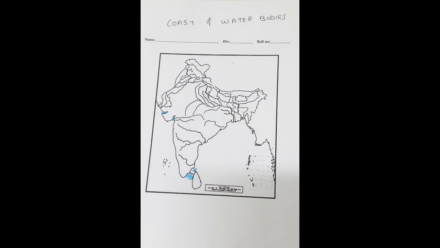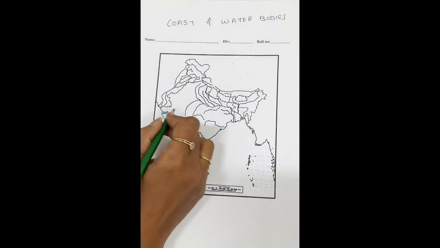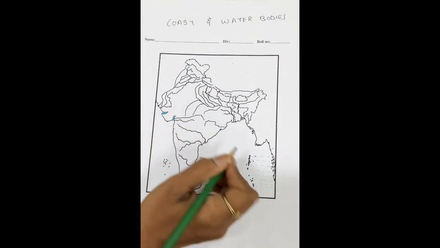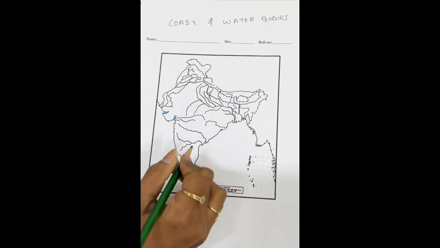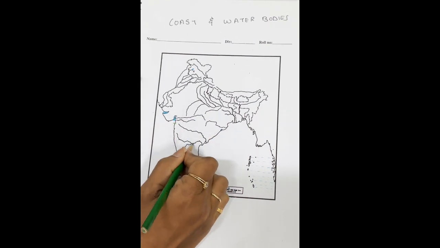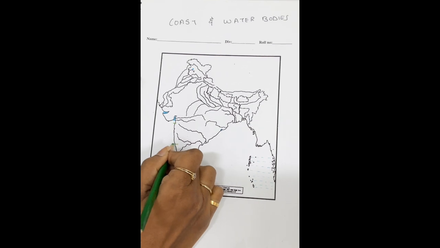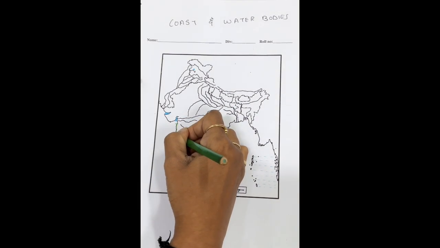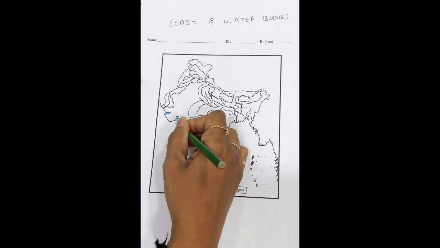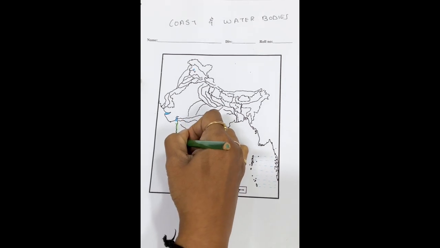Now we will do labeling, all labeling together in the last. Now when we start coast from the tip of river Godavari till the meeting point of Krishna and Tungabhadra, we are going to mark Konkan coast.